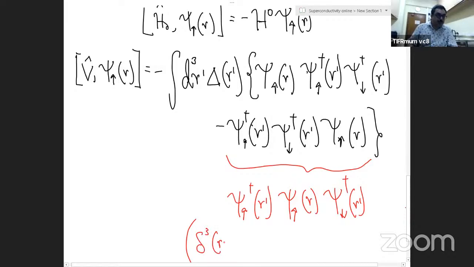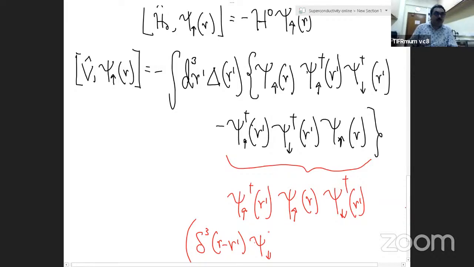Delta of R minus R prime, minus, sorry, this into this last term. I am applying the commutation relation on this.